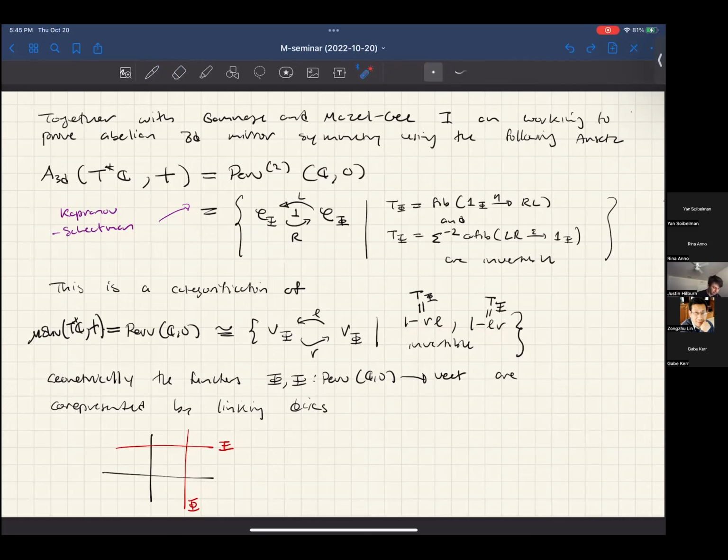But basically this is just taking the cone. Here I asked that T phi and T psi were invertible, and here I'm just going to ask for T phi and T psi to be invertible. Okay, so that's going to be my ansatz in this particular case. And then I just want to get everything else out of this one case. If I can just understand this case, then I'm really good.